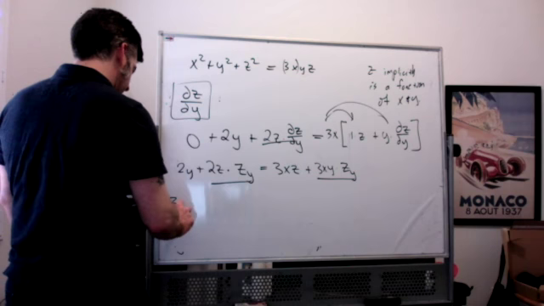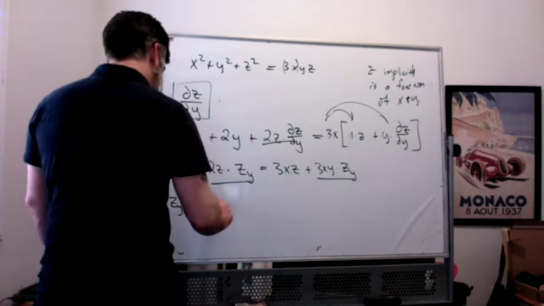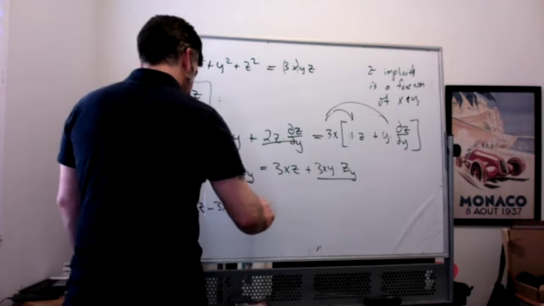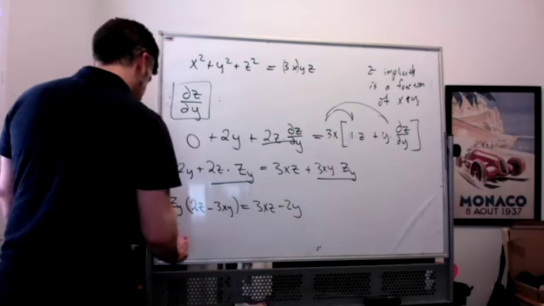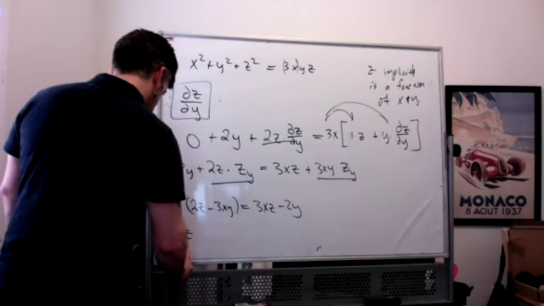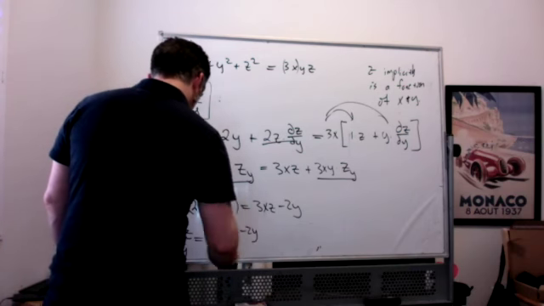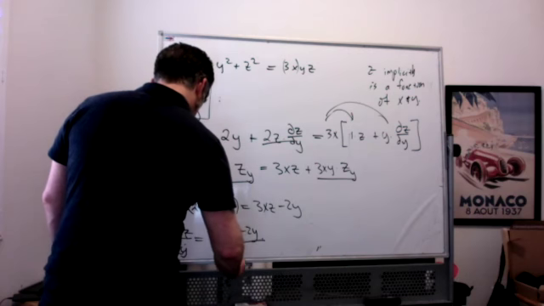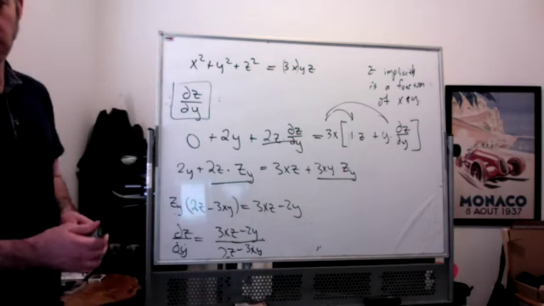I have zy times 2z minus 3xy equal to 3xz minus 2y, and then divide by this to get zy, or del z del y, equals 3xz minus 2y divided by 2z minus 3xy. Good times. Interesting.